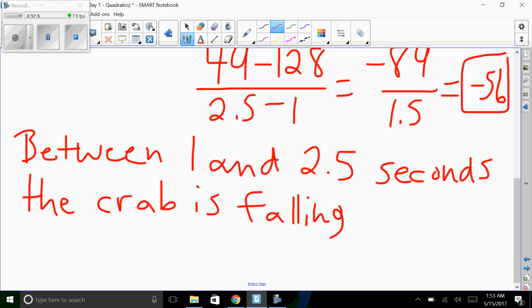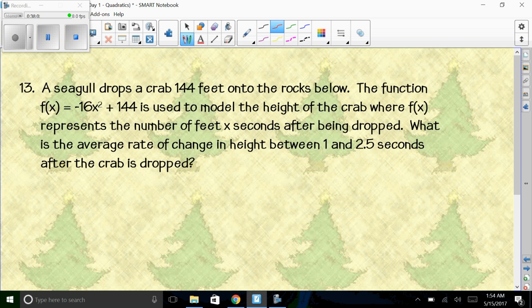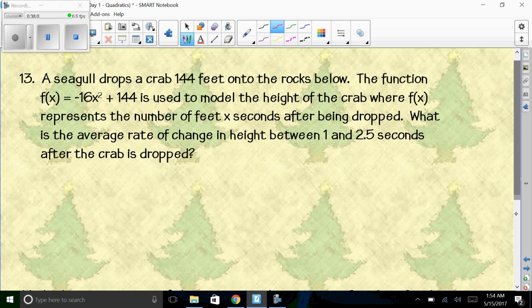Because that means it's going down. Falling at an average rate of 56 feet per second. All right. That'll be your final answer.